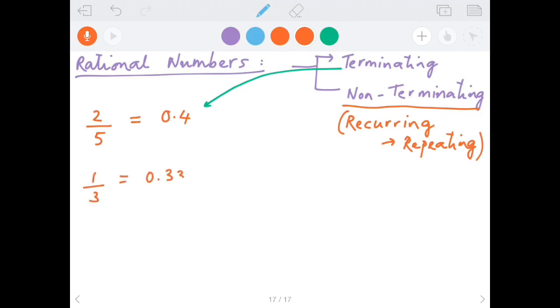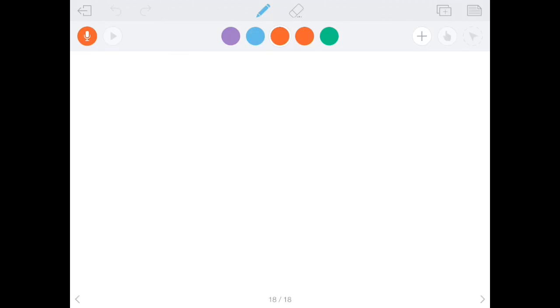If I try to divide 1 by 3, I notice I'm going to get a repeated pattern of 0.3333 all the way to infinity, which means there's a number that is repeating, which is 3, and it is completely non-terminating in nature, which is why you see those dots after the 3. Therefore, this number can just be represented as 0.3 bar, making this a non-terminating recurring number, which is also a rational number.